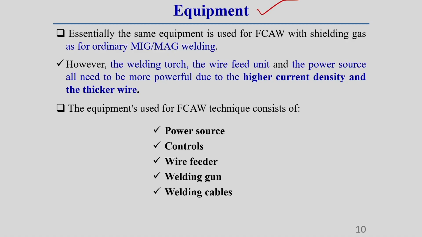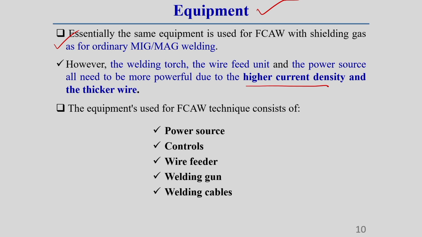Now, the equipment of this welding process is essentially the equipment used in MIG or MAG welding, the same type of equipment is used, but the welding torch, the wire feed unit and the power source all need to be more powerful, because we generally use comparatively higher current density as well as thicker wire.